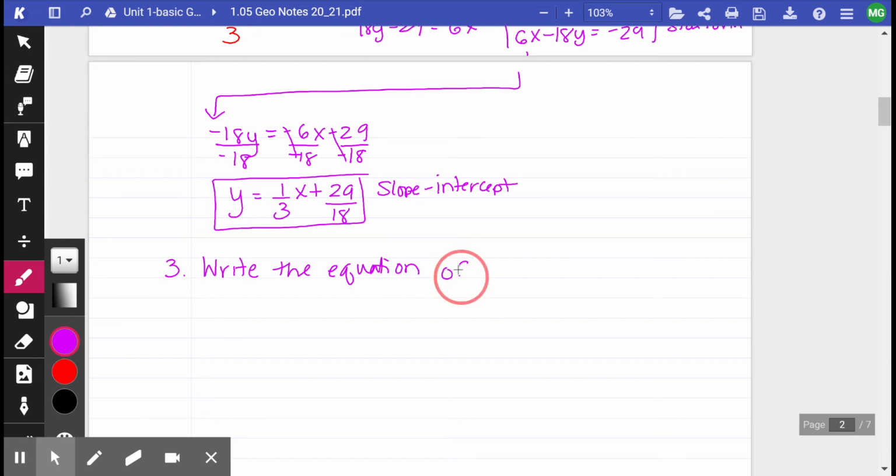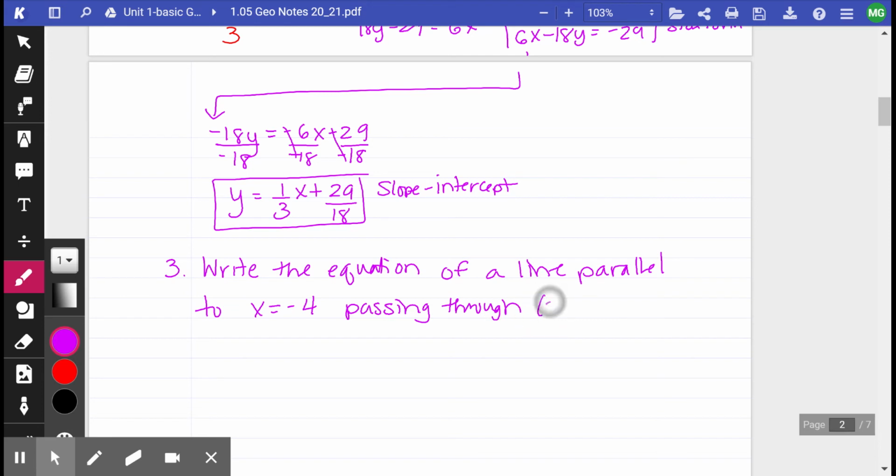Write the equation of a line parallel to x equals -4, passing through 2.5, 8.3. So for this one, actually the fastest way here would be to do a graph.